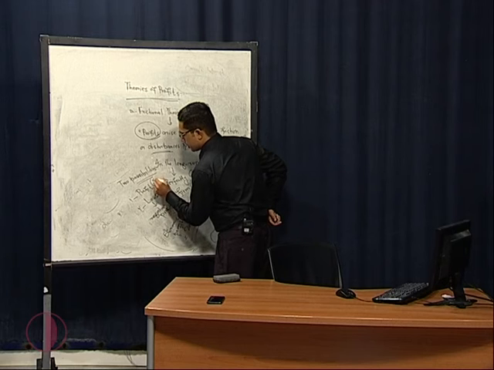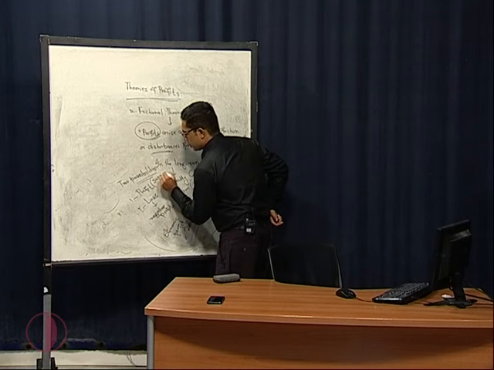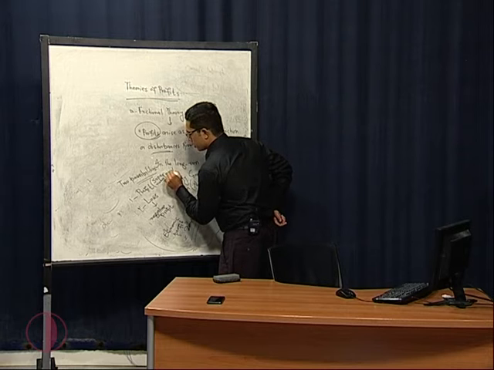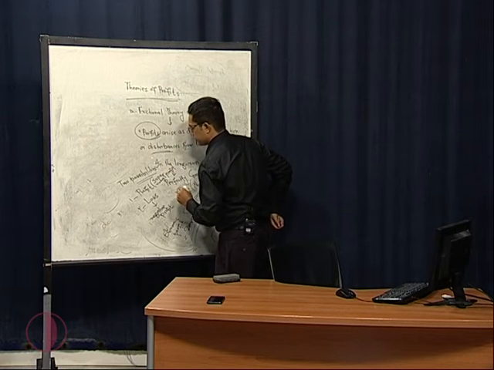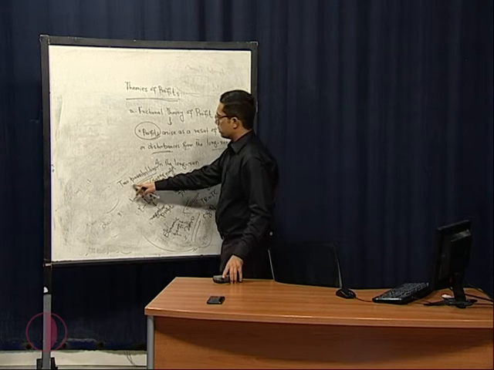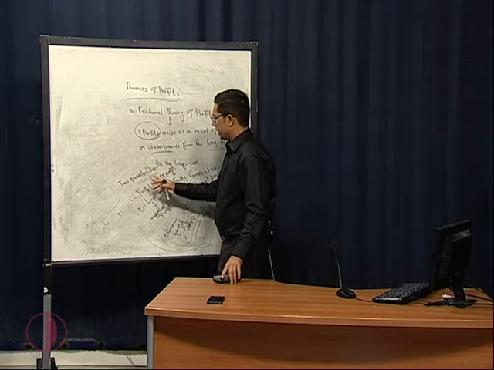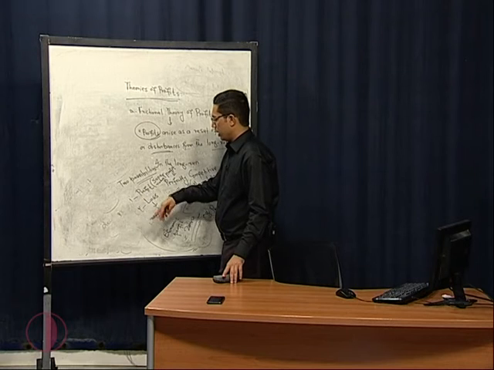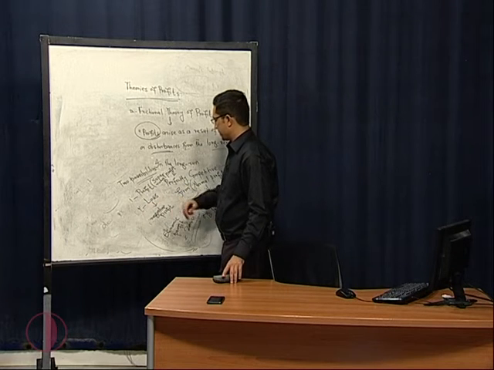Profit means supernormal profit. So these are two possibilities that may occur. For example, a firm may get profit or a firm may incur loss.